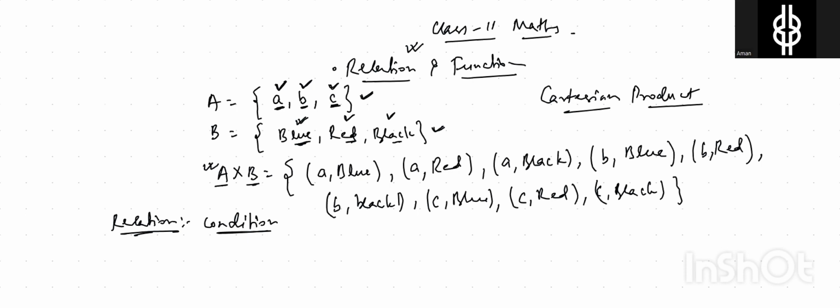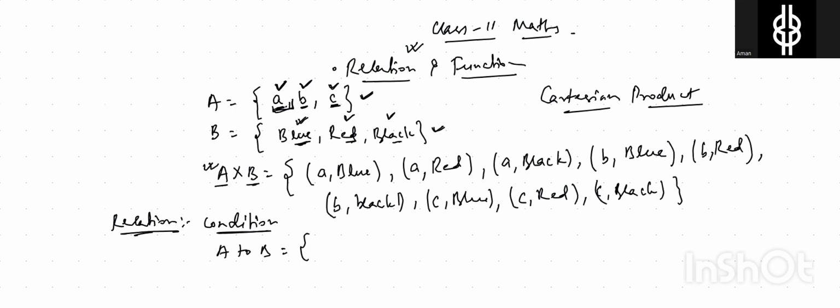So what kind of relation will we get? If I want to establish a relation that A is related to B in this way, then for the letter A, there is no color starting with the letter A, so A cannot establish a relation with any of the three colors.